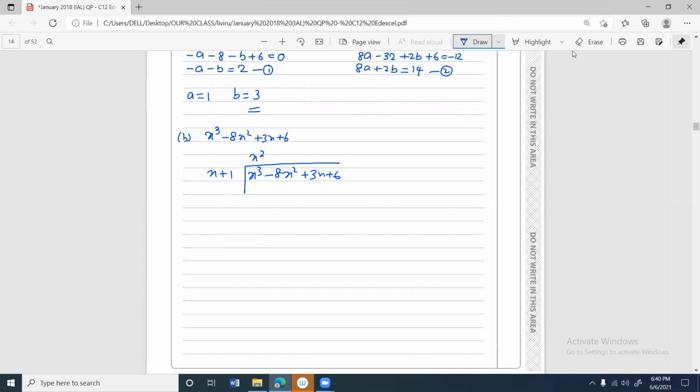If you divide by x plus 1, it turns out to x squared. We already learned a couple of times how to divide this. x cubed plus x squared; if you subtract, it turns out to 0. Minus 8 minus 1 is minus 9x squared.